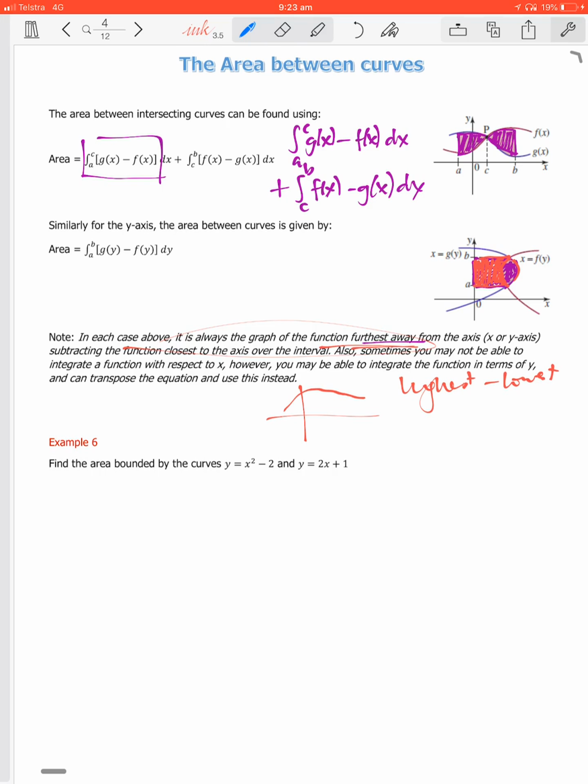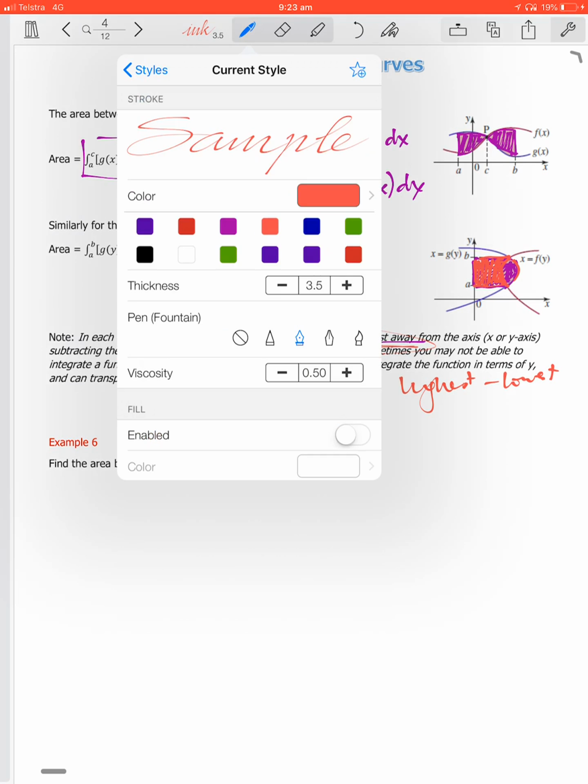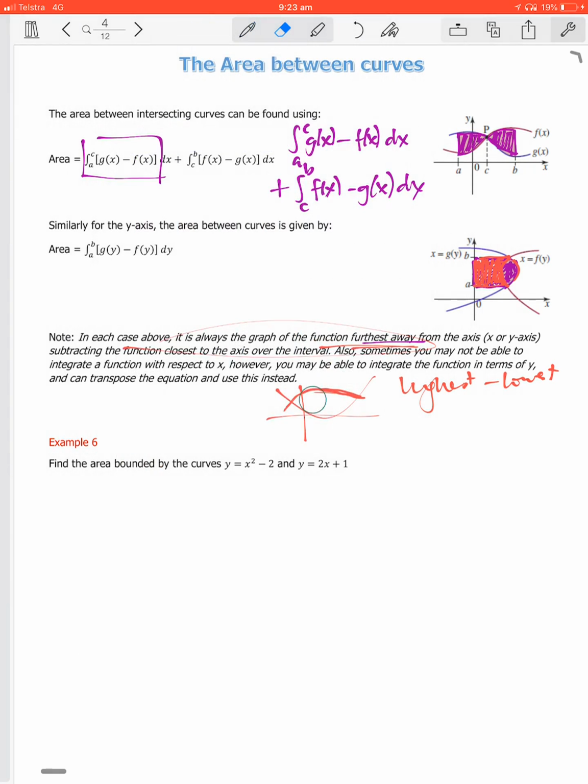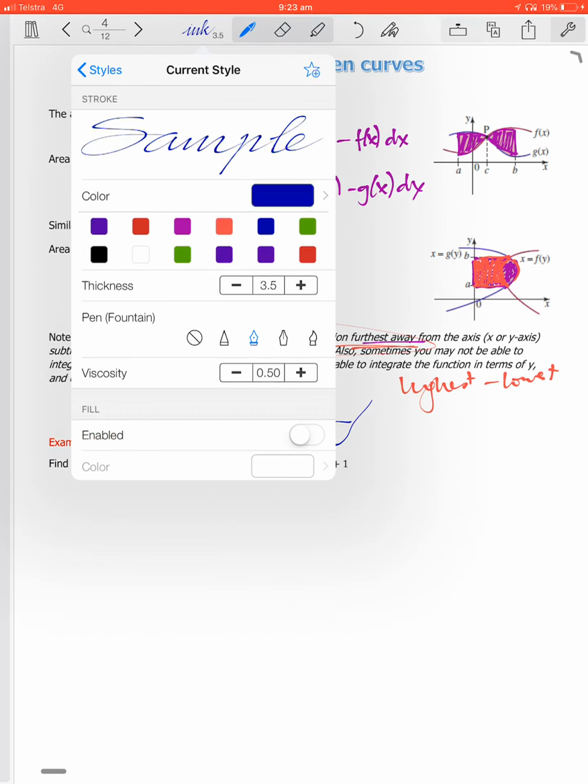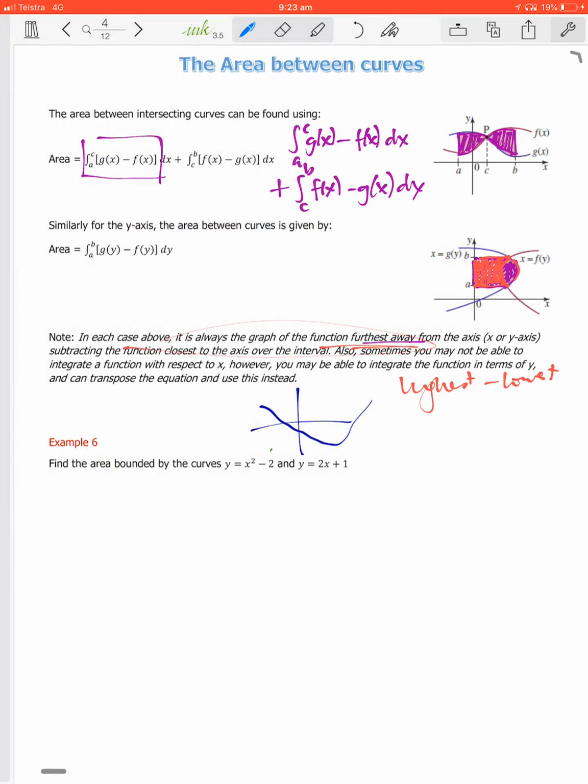So in this case, if I had two sketches, the one that's furthest away is the highest, but if I had something like this and that, it's the highest, which is the green, minus the lowest, which is the blue, and that will give you the area in between.